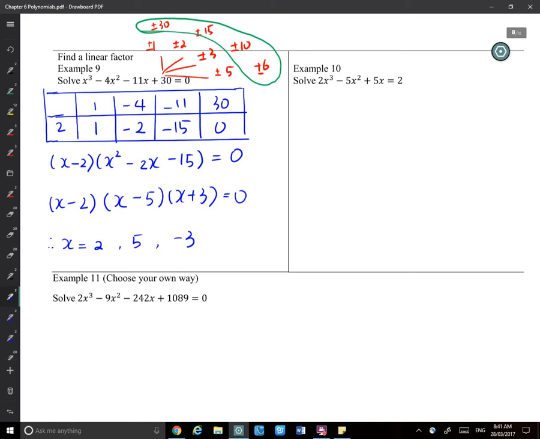Example 10. We realize the right-hand side is not a 0.